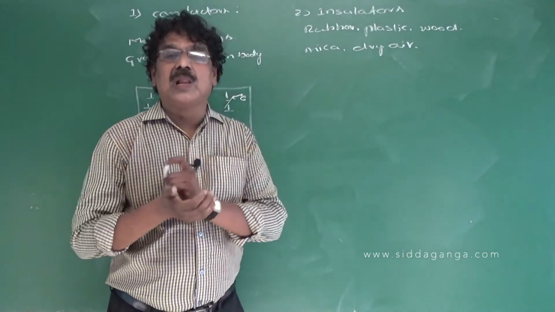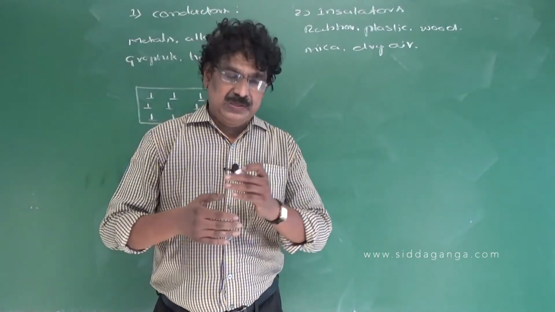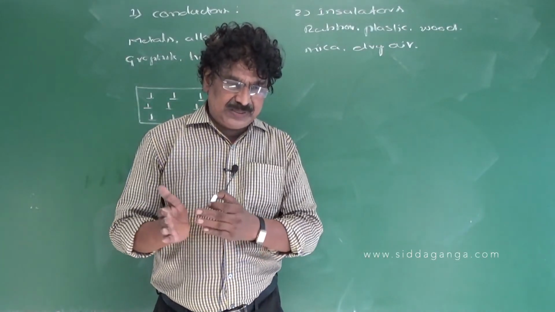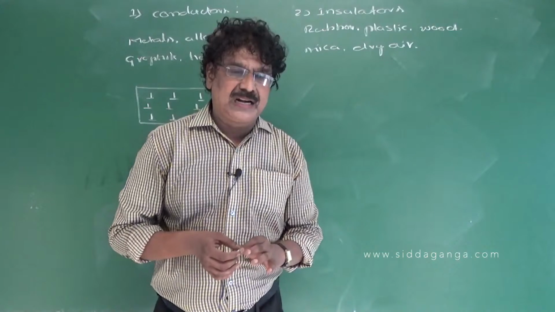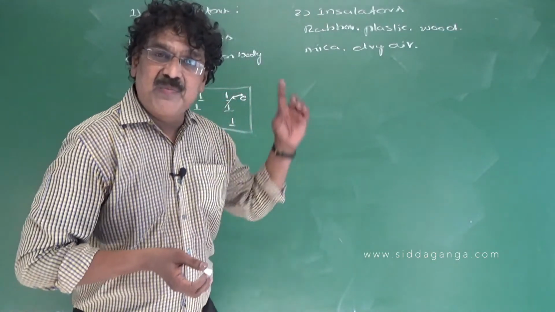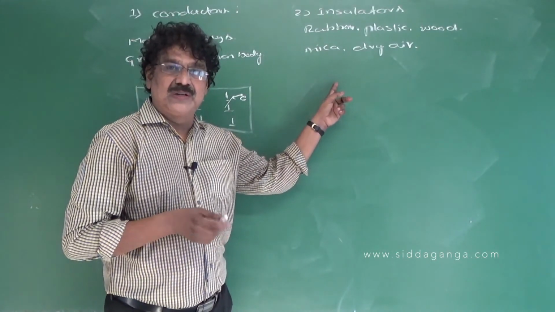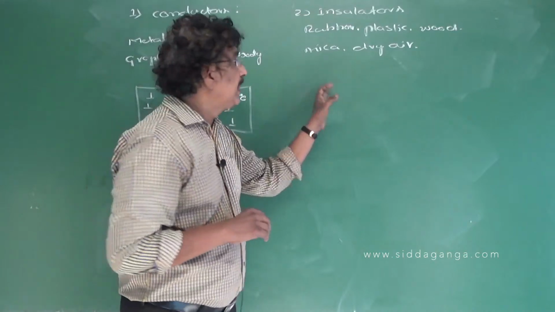They do not allow electric charges to pass through them. So in the process of conversion of electric current into any other form of energy, we need both conductors and insulators. Insulators are used for safety purposes.